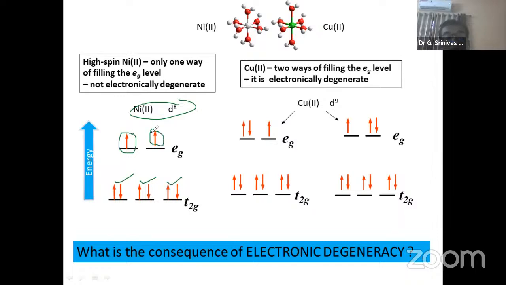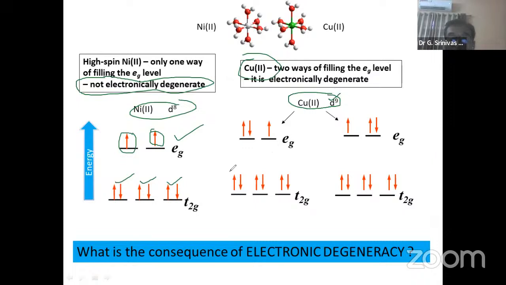There is no electronic degeneracy in case of eg orbitals here. Only one way of filling the eg level, so that is not electronically degenerate. But whereas here in copper 2+, the electronic configuration of copper is 3d9 4s2, copper 2+ is d9 only.